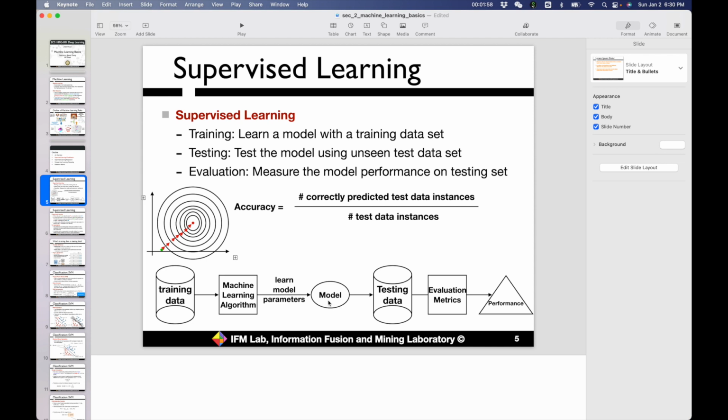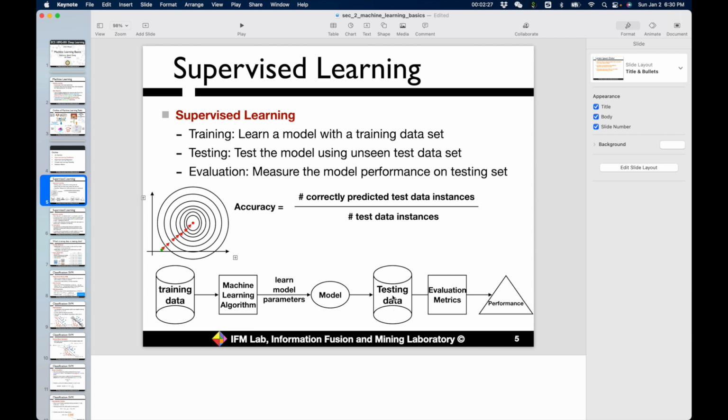Then we can apply the model to some data instances in the testing set with unseen labels. Now we train a machine learning model which can recognize dogs from images. We can apply the model to a testing set with many images, but we don't know whether each is about a dog or about a cat. Then we apply the model to the images to see whether they are about a dog or a cat, and we get some results.